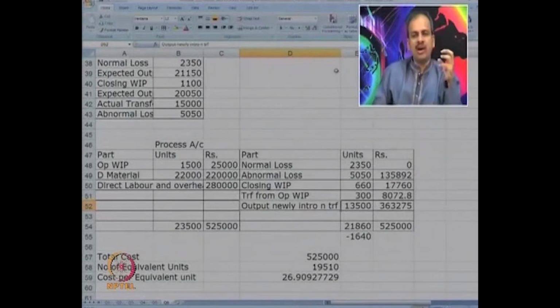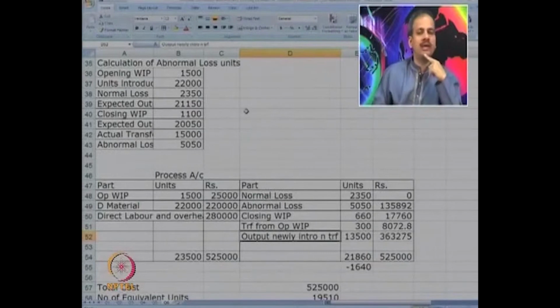So the total of 15,000 is now categorized into two categories.